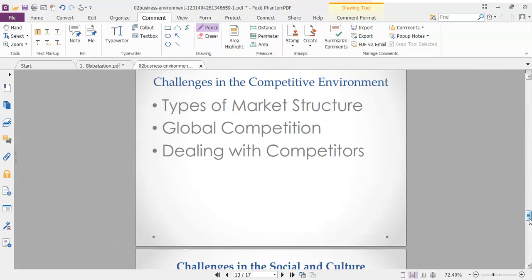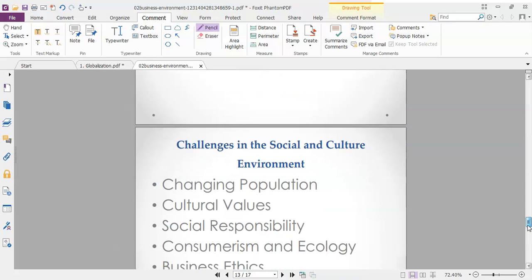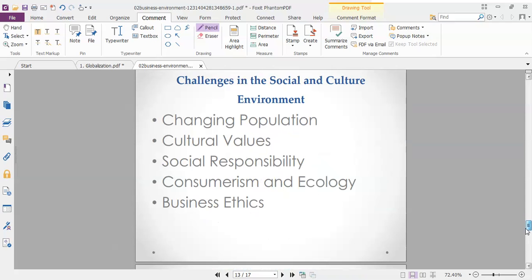So what about the challenges in the competitive environment? Types of market structure, global competition, dealing with competitors. I've already mentioned this before. Challenges in the social and cultural environment: changing population and cultural values. For example, if a business company from the US comes to Malaysia, they need to follow the cultural values in Malaysia.